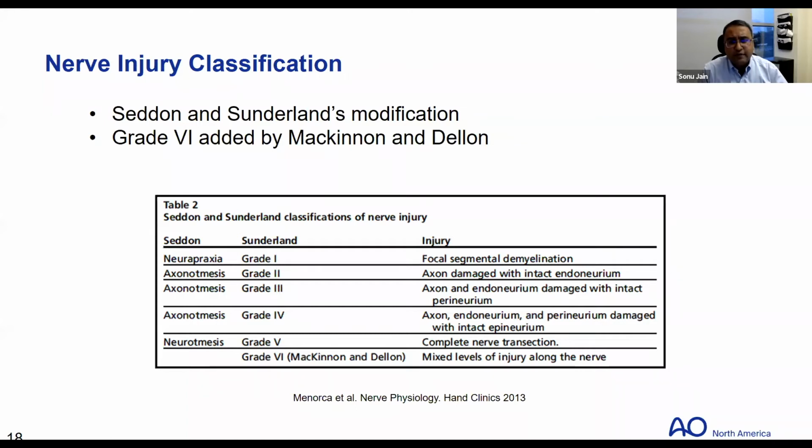So when you have a grade 4 or a grade 5 injury, what you want to understand is those are not recoverable injuries. Those are nerves that are going to probably have to be reconstructed, as opposed to the grade 1, 2, and 3, which can probably be observed and be taken care of with decompression.